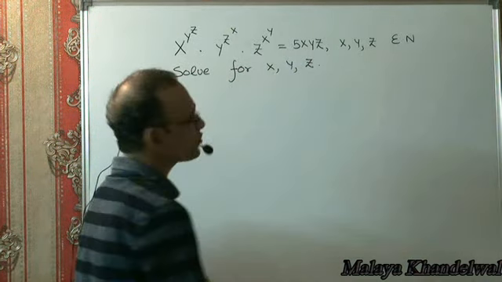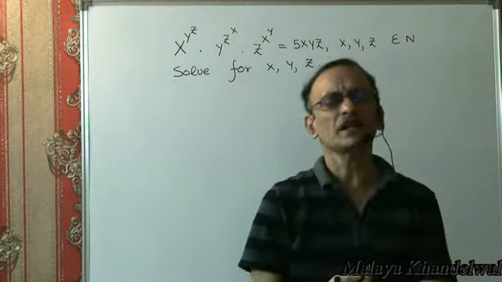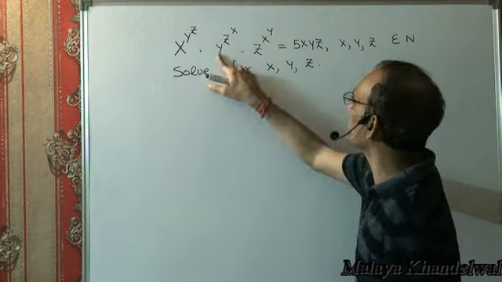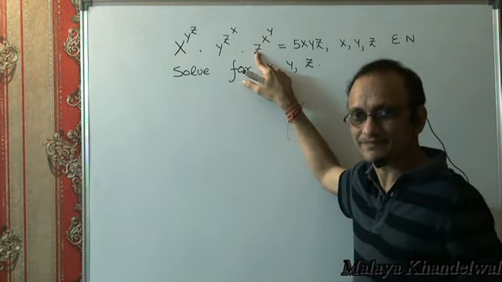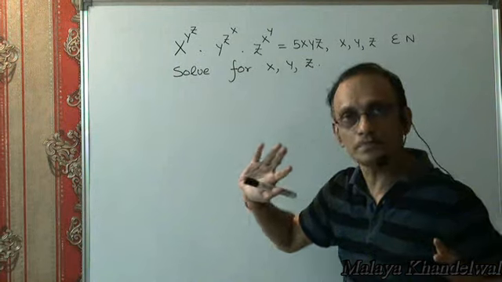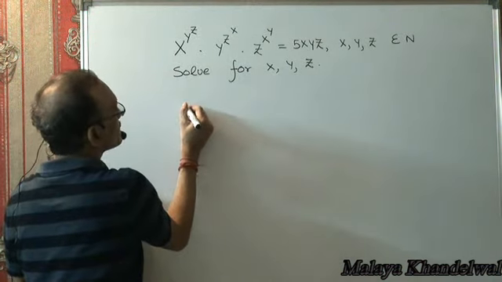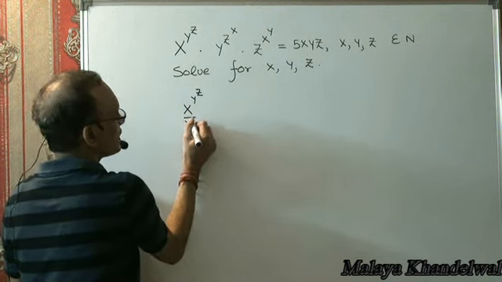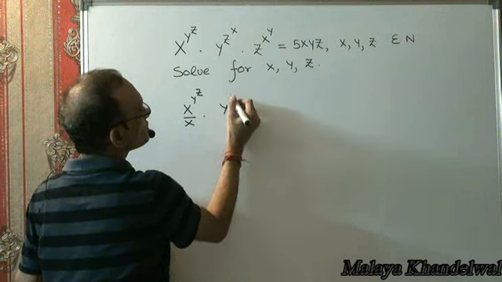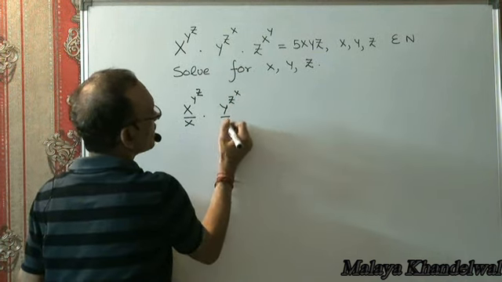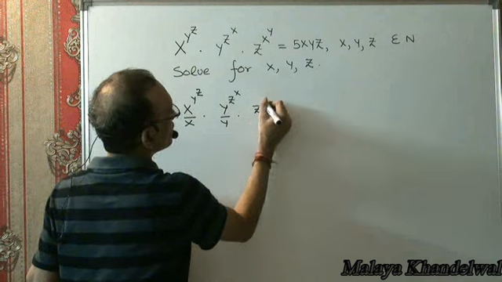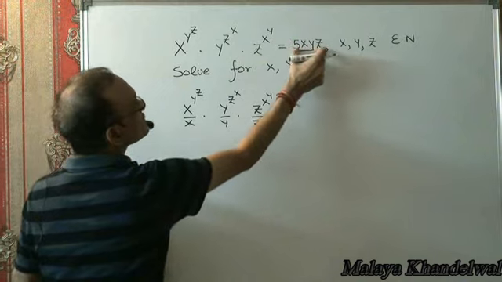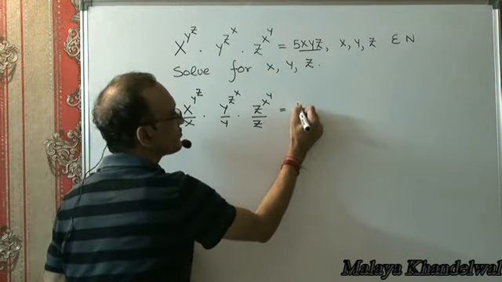Alright, first of all, if nothing occurs, let me at least bring this x below this, bring this y below this, bring the z below this, and see what happens. Let me at least club the 3 together. That means x by x to power y to power z, divided by x, into y to power z power x divided by y, into z power x power y divided by z, equal to 5.